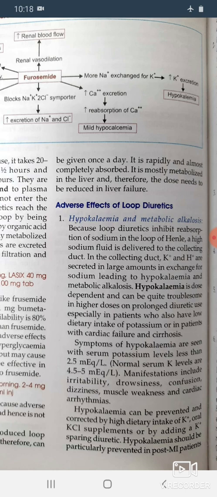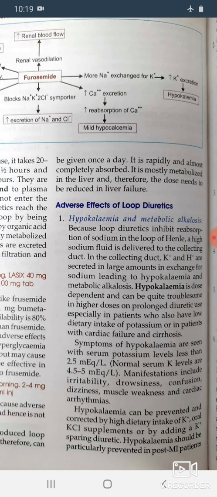Now, hypokalemia is dose dependent and can be quite troublesome in higher doses on prolonged diuretic use, especially in patients who have low dietary intake of potassium or in patients with cardiac failure and cirrhosis.